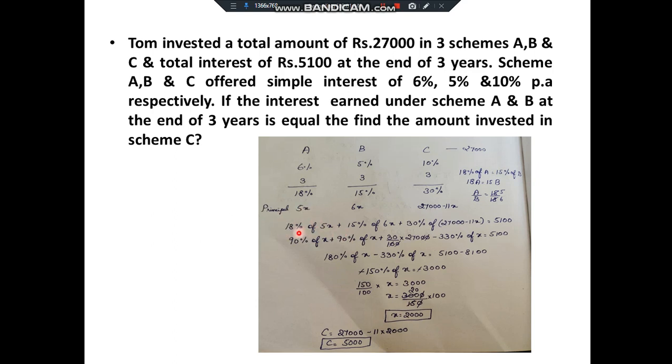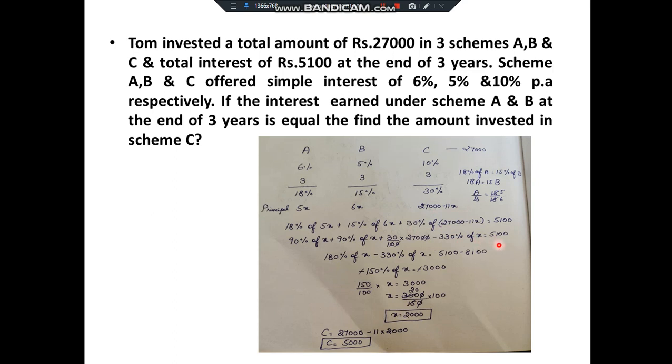So 90% of x plus again 15% of 6x means 15 into 6, which is 90% of x, plus 30% means this you can go with 30 by 100 because you have a value. Okay, so 30 by 100 into 27,000 minus 30 into 11, which is 330.